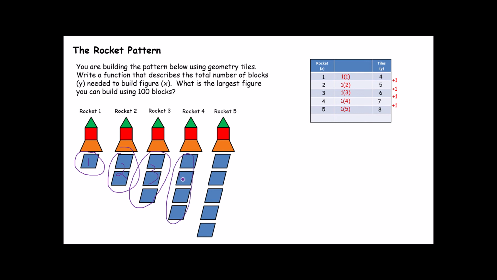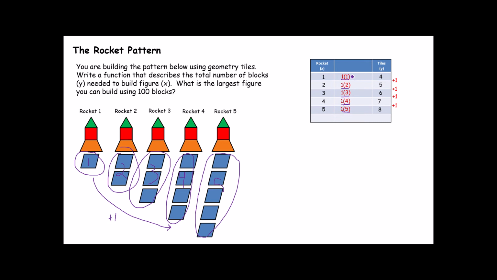Rocket 4 has 4 1s. And rocket 5 has 5 1s. Notice that's what it says here: 1 1, 2 1, 3 1, 4 1, and 5 1. Every time your rocket number increases, you are doing plus 1 plume of smoke.